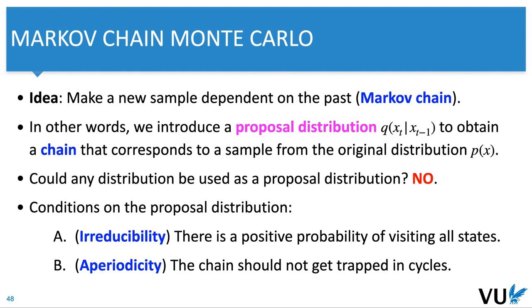This is called aperiodicity. So there should always be a non-negative probability of getting out of a cycle. Please remember these two remarks. In practice, of course, it limits our possible proposal distributions, but during this course, we'll use these very standard ones.